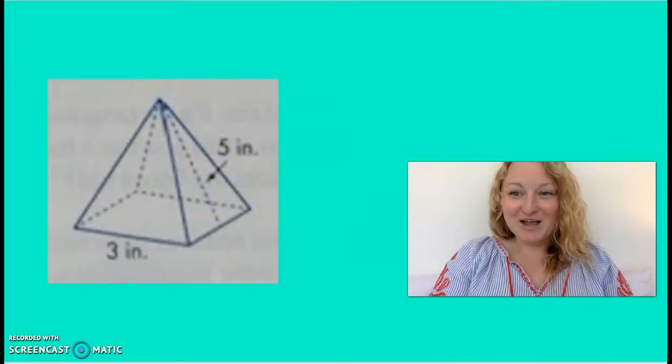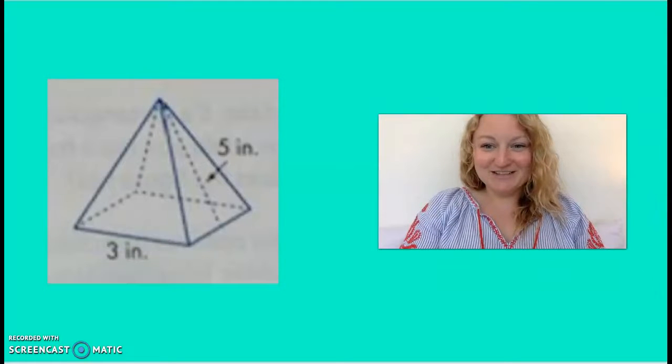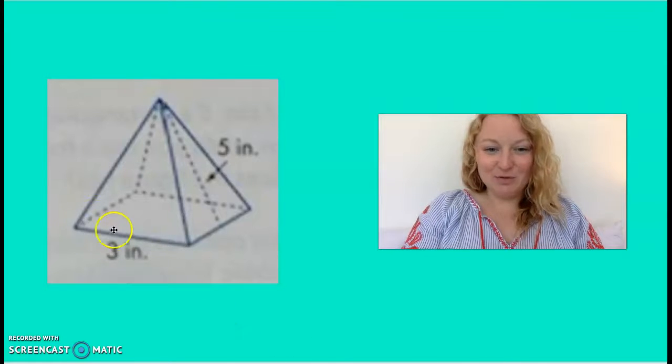We're going to try one more together and look at a shape that's a little different. Okay, so to start, I'm going to look at the base here at the bottom. I can tell that this is a square. I also know it's a square because they're not giving me the length measurement, they're only giving me the width, so I can assume that it's a square.